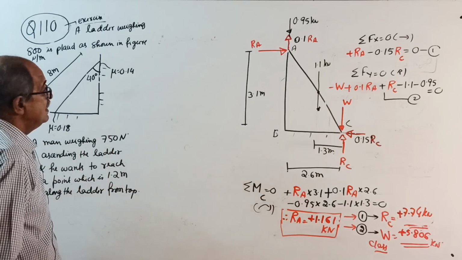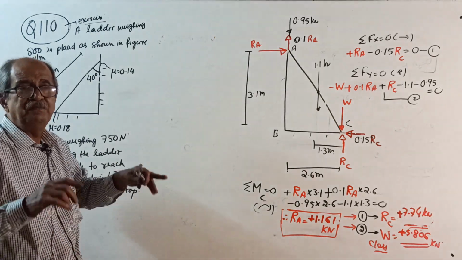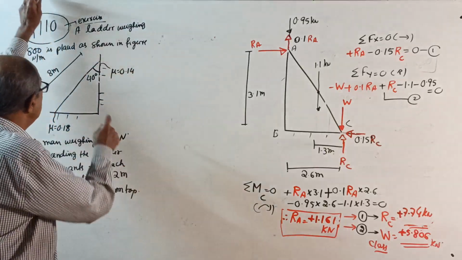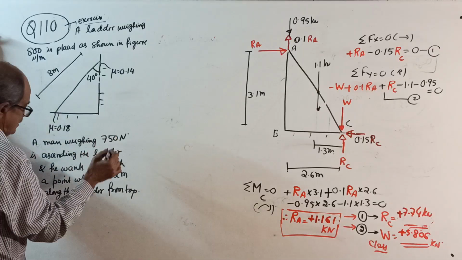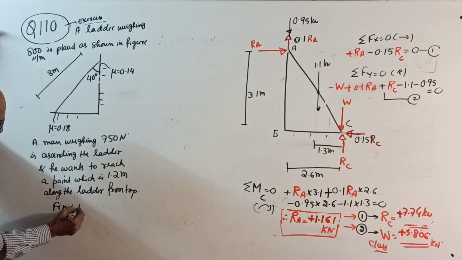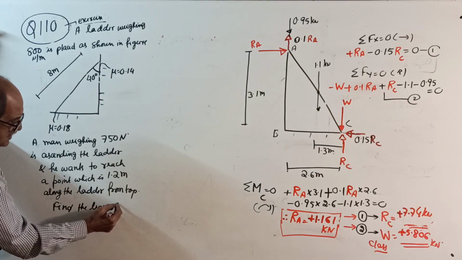This is the question. Actually, if they ask in the question that he has to safely go up the ladder, place him here. But this time you have to place him at 1.2 meter from there. Okay, now find the least vertical push.